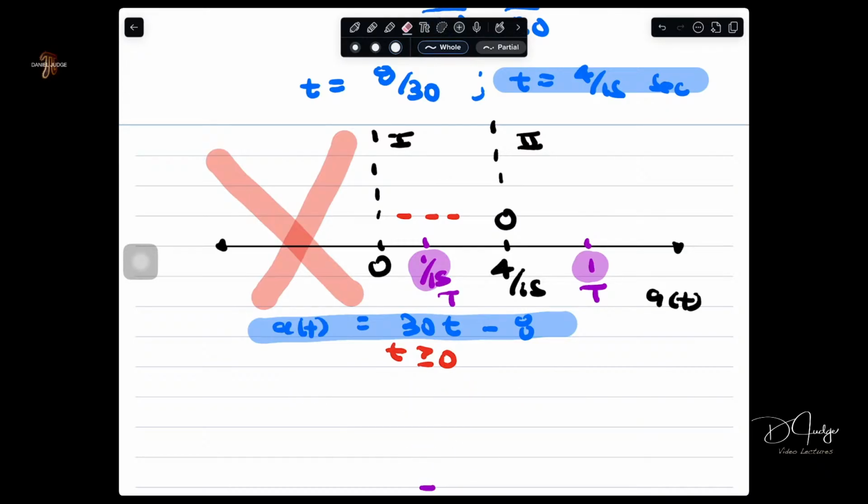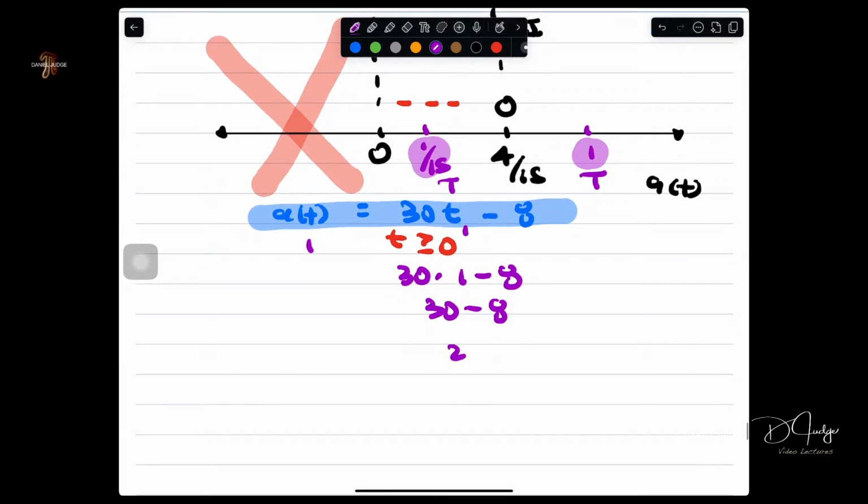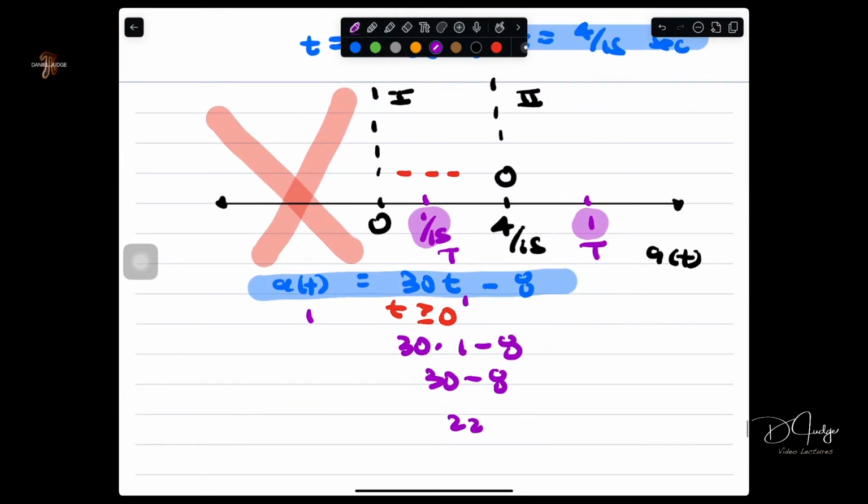We're going to do the test point now of 1 and see the sign of region 2. So this gives me 30 times 1 minus 8. And again, I don't like that. I don't know why it does that. 30 times 1 minus 8 gives you 30 minus 8. And that's going to be a positive 22.